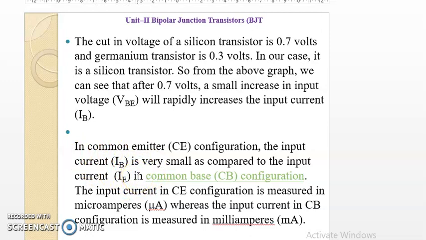The input current in CE configuration is measured in microamperes, very small in quantity, whereas the input current in common base configuration is measured in what? Milliampere.